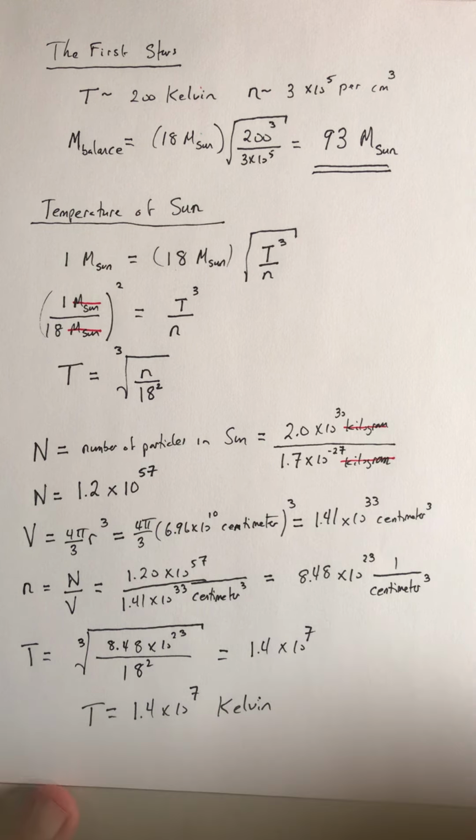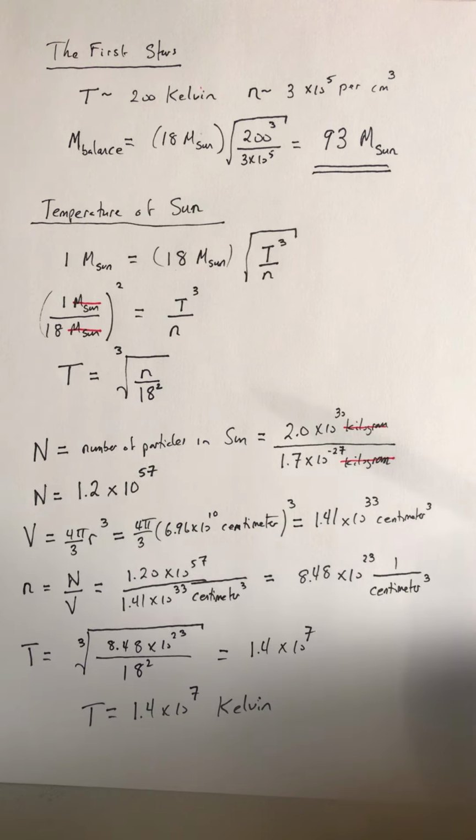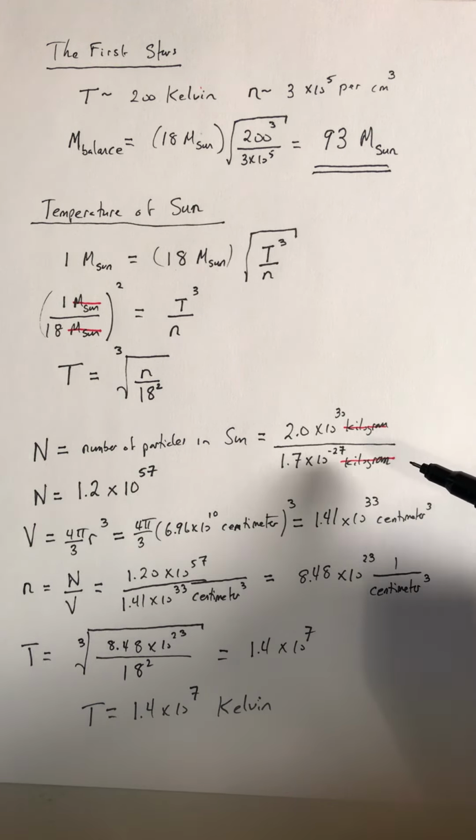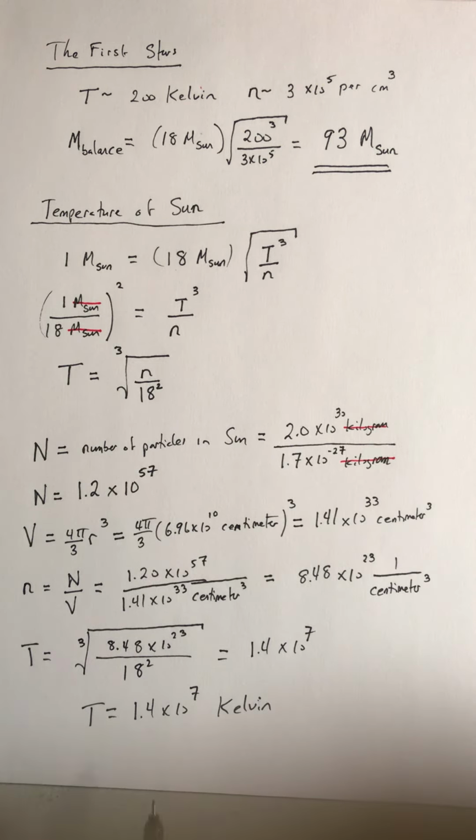So not knowing much of anything about anything except gross properties for the sun, its mass, its radius, pretty much it's made out of hydrogen, and we could do a little bit better estimate in here. We come up with a temperature of 14 million Kelvin. In fact, the core of the sun is a little bit hotter than that, 15.7 million Kelvin, so almost 16.